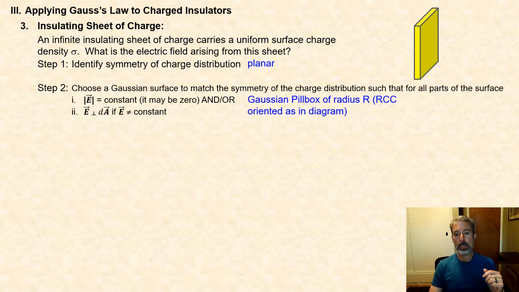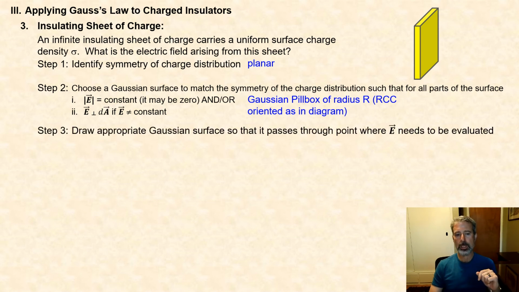So we are going to choose the Gaussian pillbox, which I said is a right circular cylinder, but it is oriented obviously differently than in the case of the charge distribution which is cylindrical. So we'll take a look at that in a second when we draw it. Draw the appropriate Gaussian surface so that it passes through the point where the electric field needs to be evaluated.